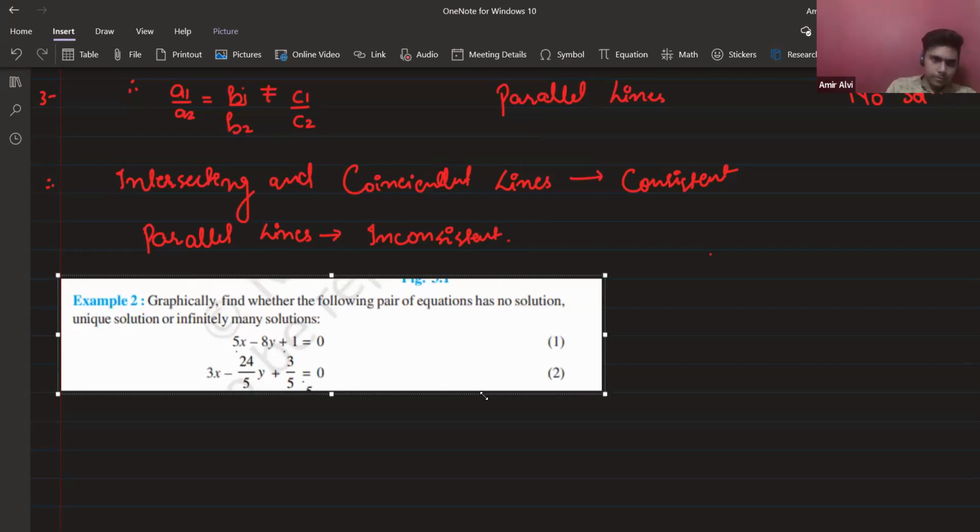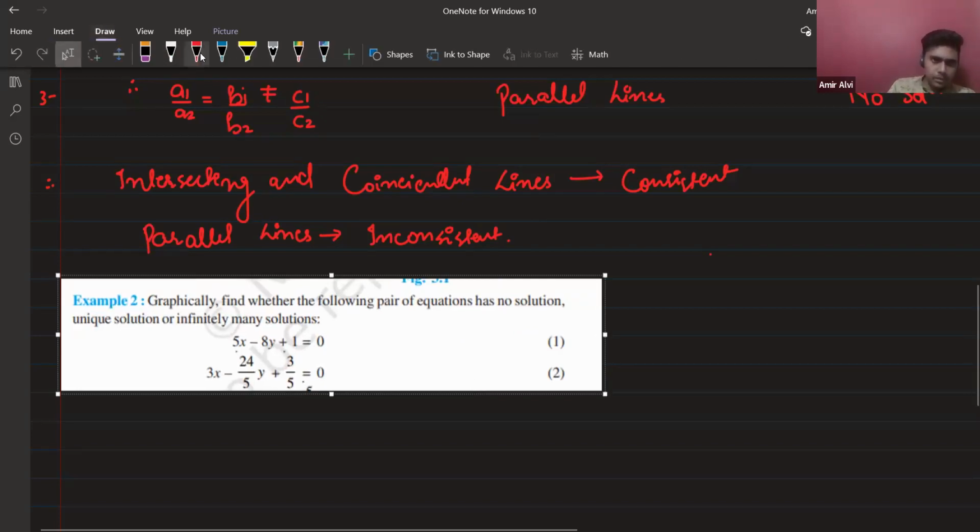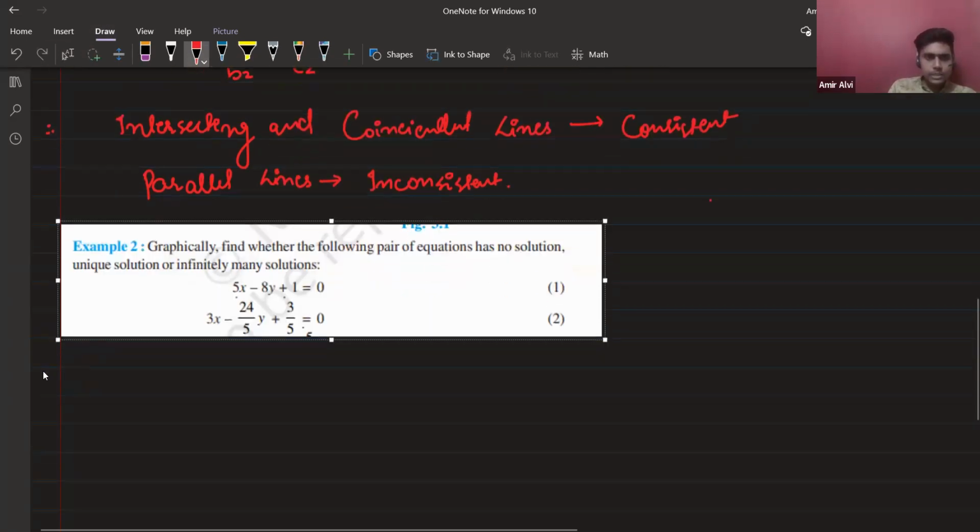Okay, dear, all of you, look at the screen. This question is asking us to find out whether the pair of linear equations has no solution, a unique solution, or infinitely many solutions. So let's solve it out.